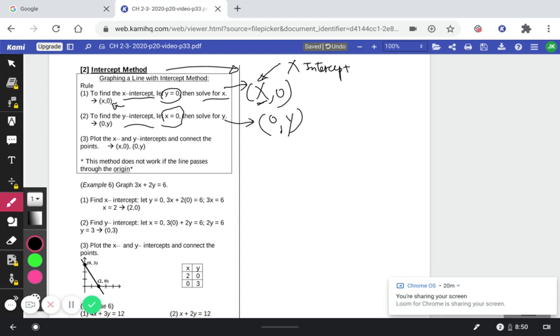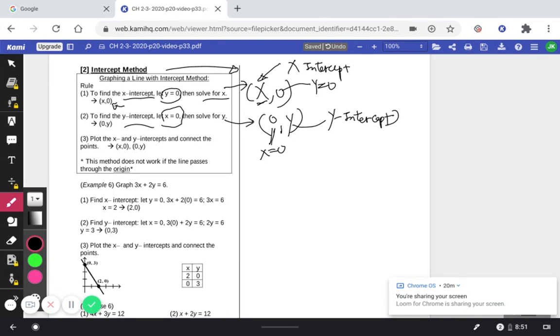And to find the y-intercept, you have to have a number at the y position and 0 on the x. So y-intercept, 0 on x. X-intercept, 0 on y. And then you plot these 2 points and connect them. So that's the intercept method.